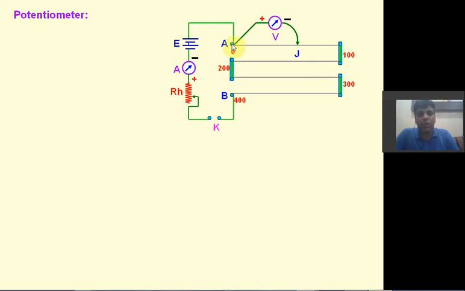Now from point A we set the jockey to measure the potential difference between 2 points, and this jockey is again moving.